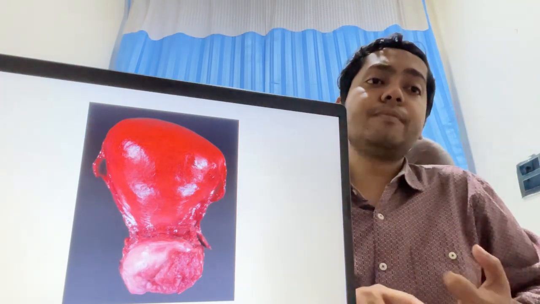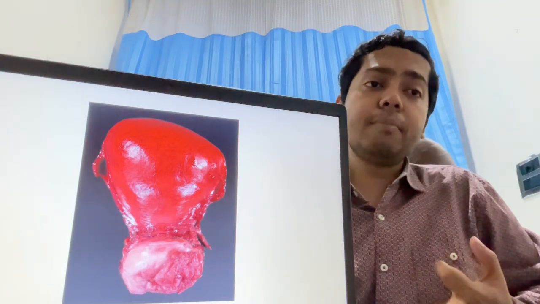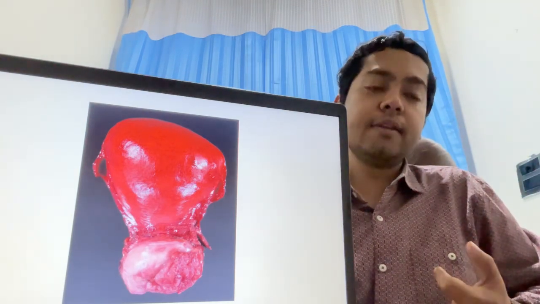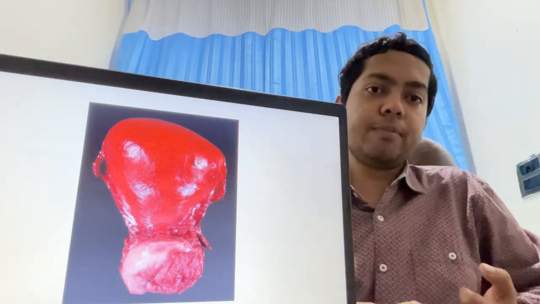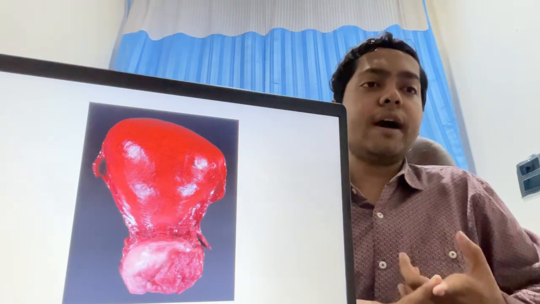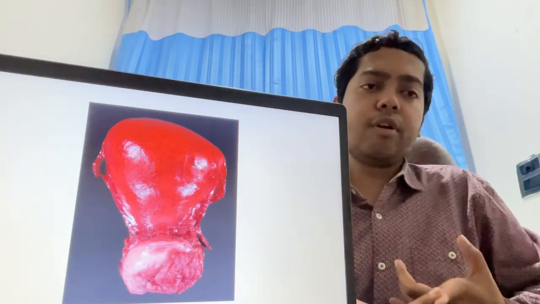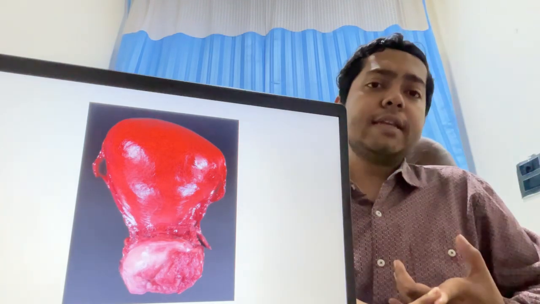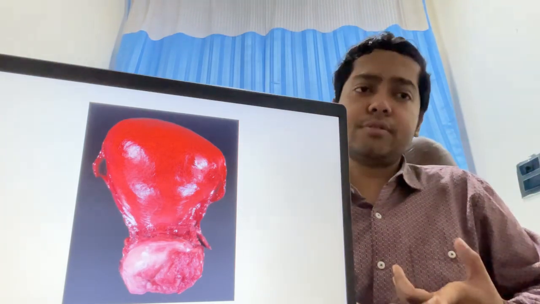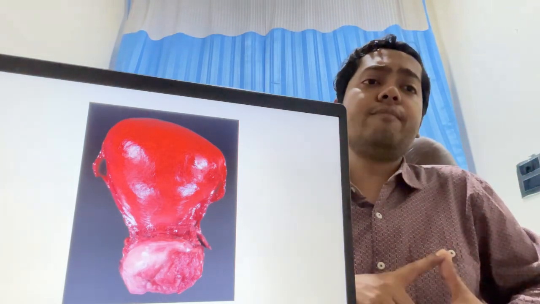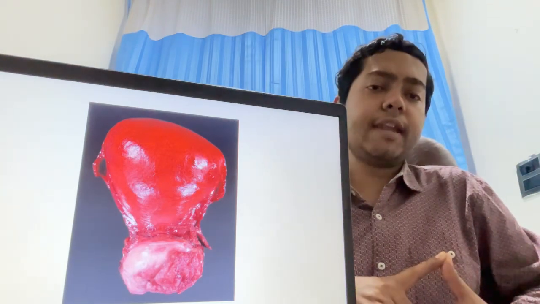Then you have your mifepristone, which can be given for shrinking the size of the fibroid, or you can give GnRH analogs, that is gonadotrophin releasing hormone analogs are given. GnRH antagonists can also be given.